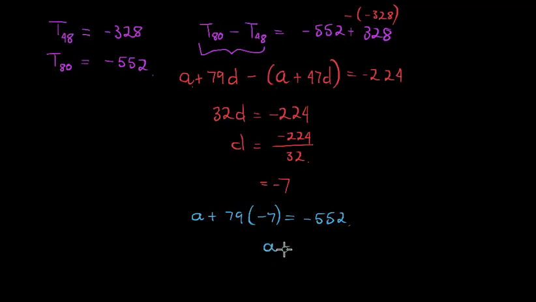So A would equal negative 552 plus 553. So is A equal to 1? Did you test this, 79 times negative 7? You sure? So A is equal to 1.